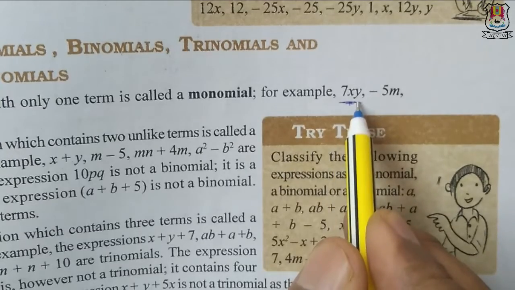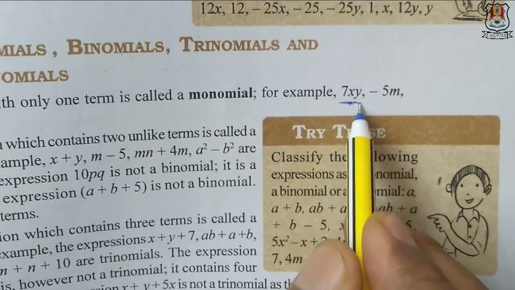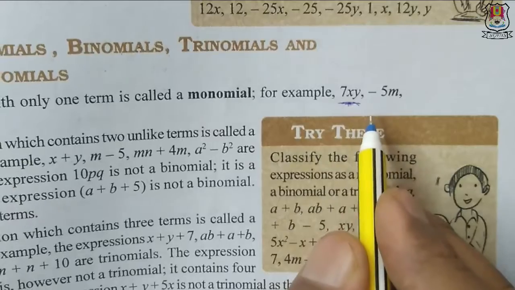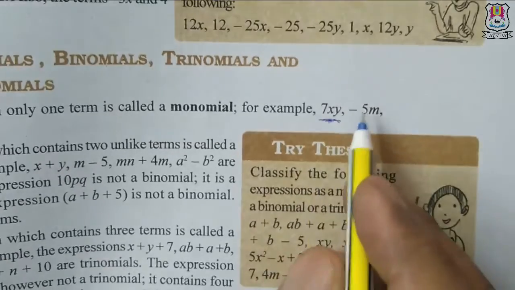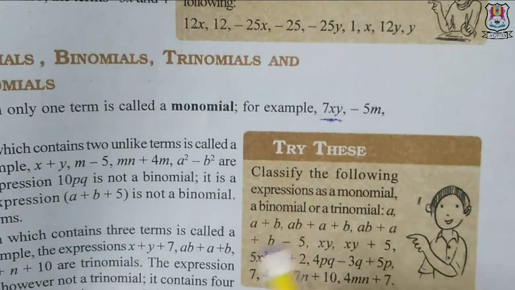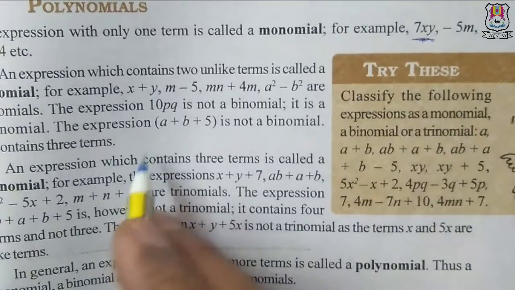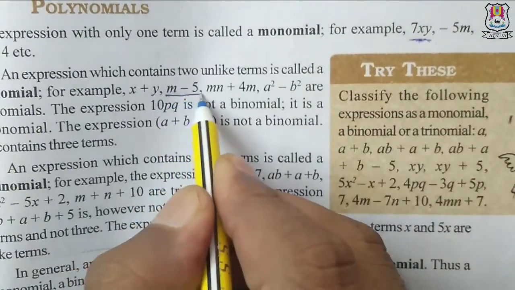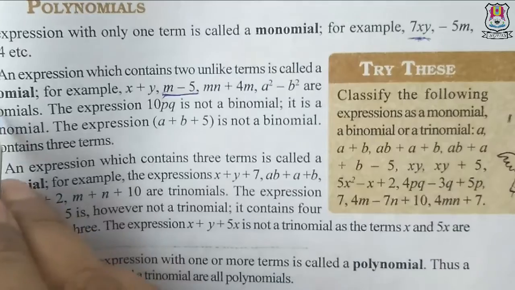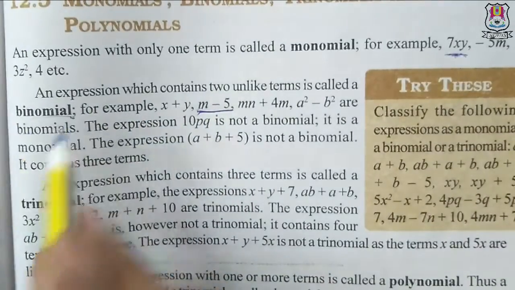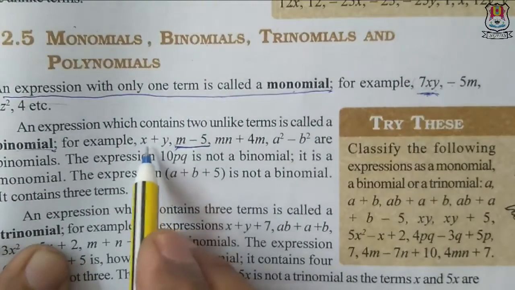Now suppose we are using two terms with a plus or minus or multiplication or division sign, then it is called a binomial. For example, let me show you over here, m minus 5. So this is a binomial.